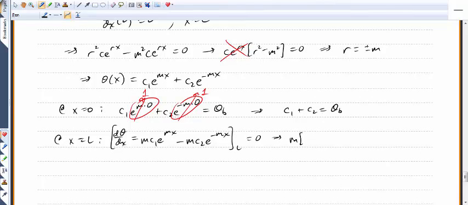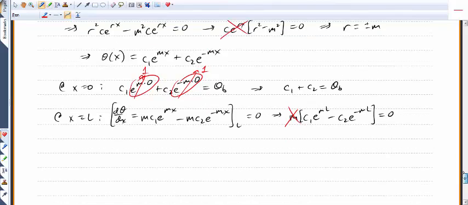It's going to be m times the quantity c1 e to the mL minus c2 e to the minus mL is equal to 0. And again, for the solution to be non-trivial, we must take m away. So therefore, we get our second expression, c1 e to the mL minus c2 e to the minus mL is equal to 0.